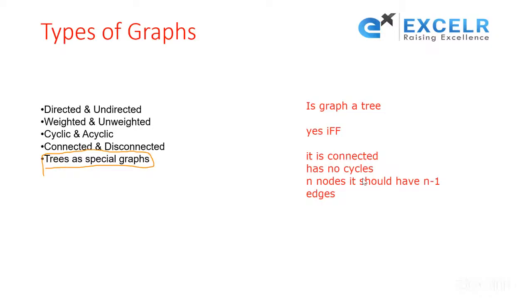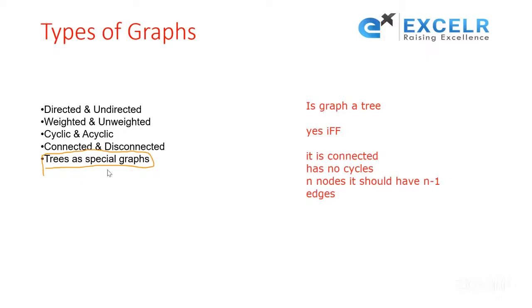So in some exams, you will be asked which among the following graphs is a tree. You will be given some graphs and asked to check which of the following is a tree. So this was something about trees and graphs.